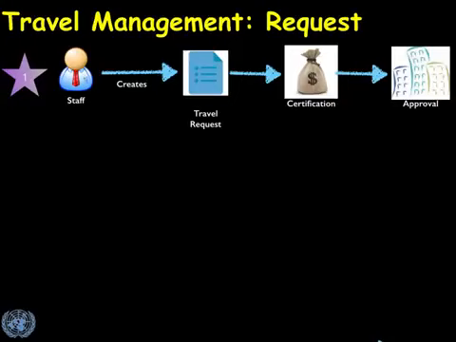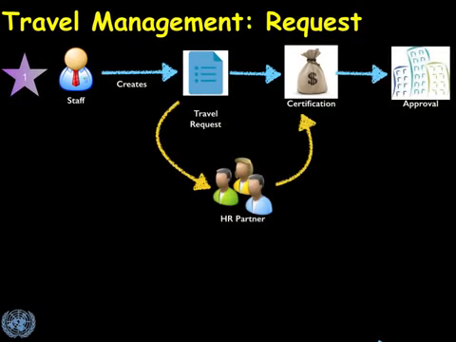And since travel management does not originate from funds management, the process by itself will have two approvals. If the travel request is of an entitlement type, then an additional approval of an HR partner is inserted in between the travel request and the certification.